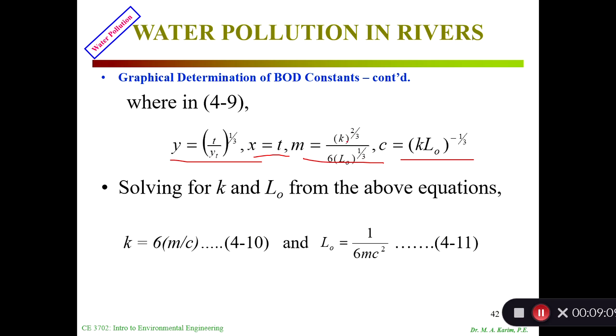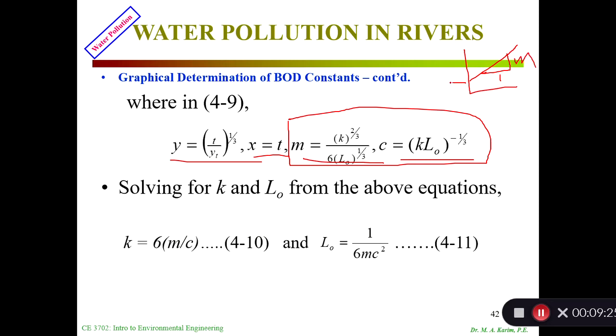Now, if we solve for k in these two equations, m should be known from the graph, and c could be known also from the graph, right? I can get the m value from here, and the c value from here. So this would be my c. If I know my m and I know my c, then the only unknowns in the two equations are k and L0.